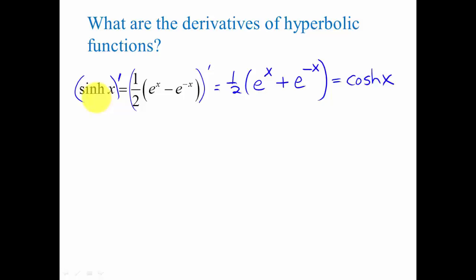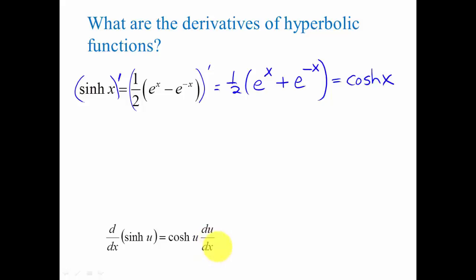So the derivative of sinh is cosh, analogous to the derivative of sine is cosine. So there's an analogy there as well. And then of course if it wasn't x, if it was something else, a u, then the chain rule would apply. The derivative of hyperbolic sine u is hyperbolic cosine u times the derivative of u.